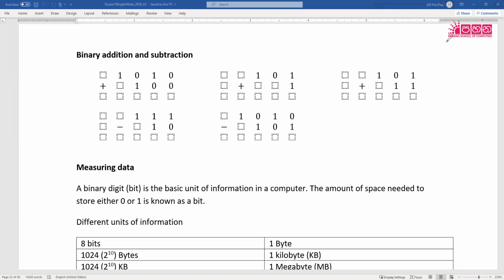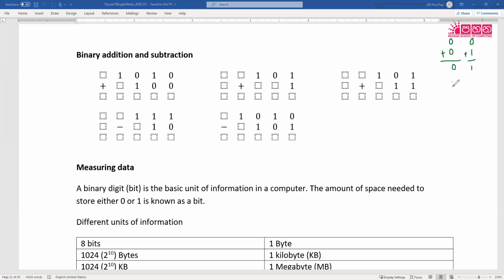When it comes to binary addition, we know that when you add 0 and 0, it will be 0. If we add 0 and 1, then it will be 1.